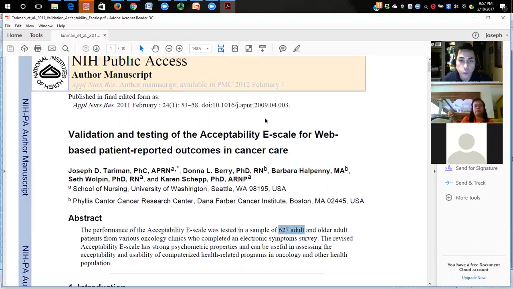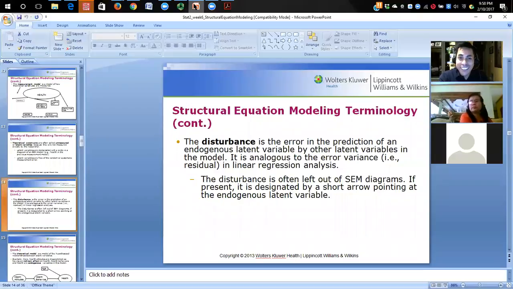In the old days, it was the eigenvalue of 1 or greater that determines the number of factors, or what we call the construct of your full model. So, all right, let's change gear now to even more challenging one. It's the structural equation modeling.